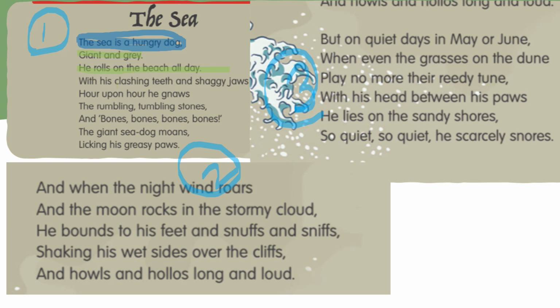There's an element of clashing teeth and shaggy jaws, rumbling, tumbling stones, bones, sea dog licking his greasy paws. So it is actually helping you to create the image of a sea as a hungry dog.